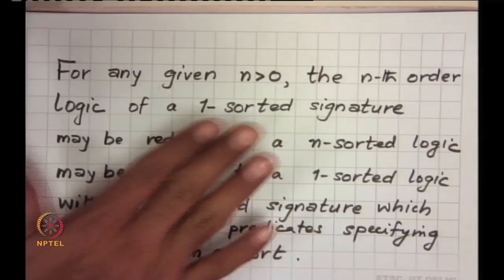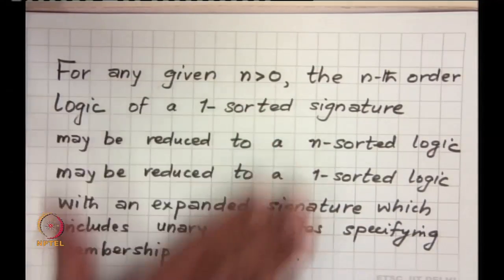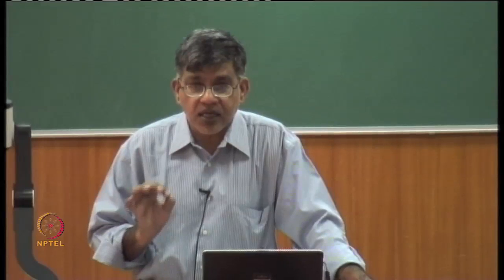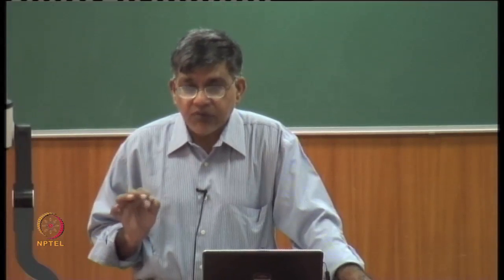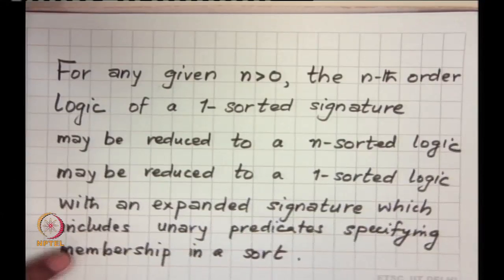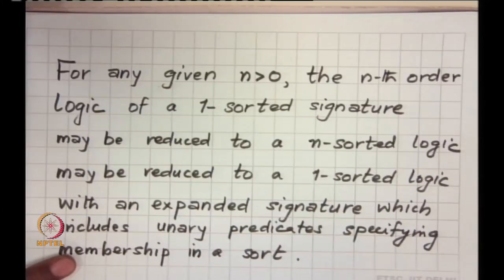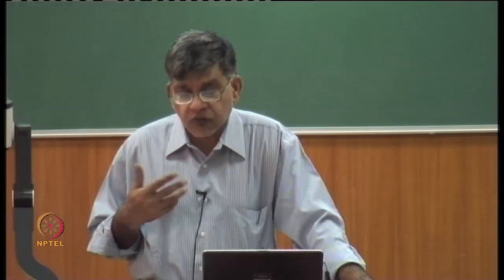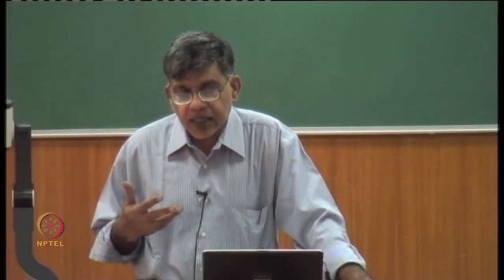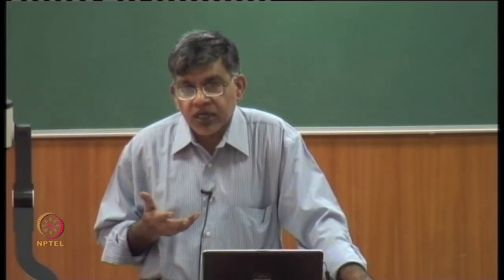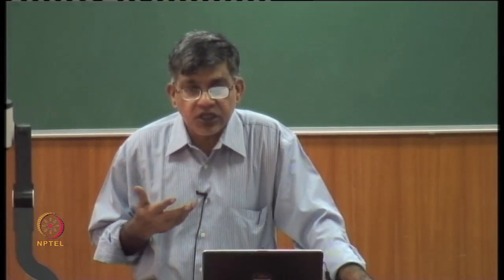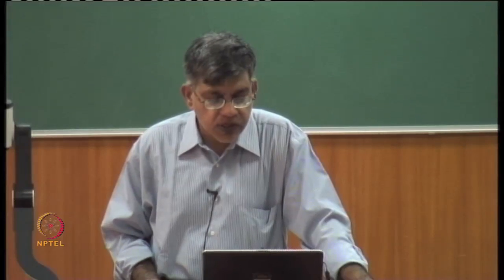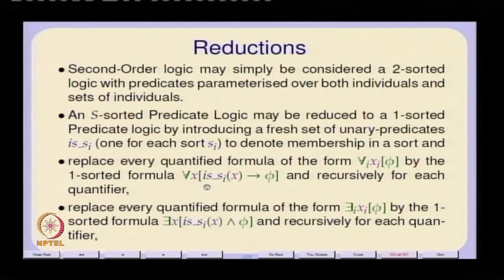So, by an inductive process, for any fixed n, any nth order logic can be reduced to a first order logic with an expanded signature which specifies the hierarchy of types in the quantified formulae, and every formula in that nth order logic goes through a transformation process which transforms every quantified formula in this fashion.